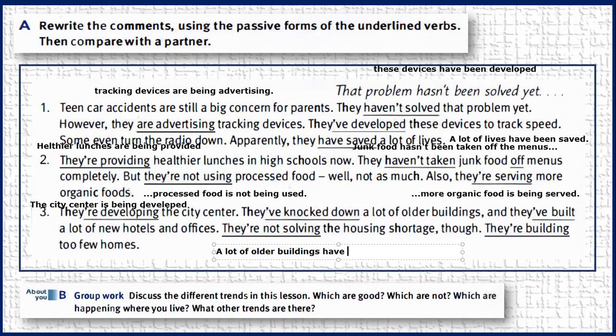Have, verb be. Had been knocked. Yes. Very good. Knocked down. Yes. By them. But as I told you, we don't need it in this case because we don't know who they are. Okay? We don't identify them. That's fine. Okay? Continue, please.